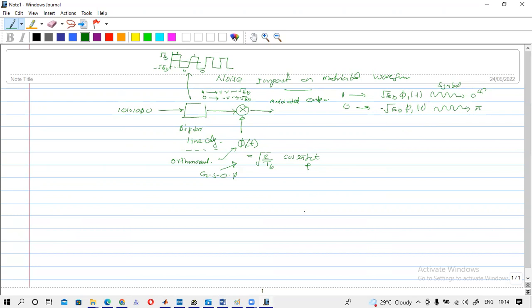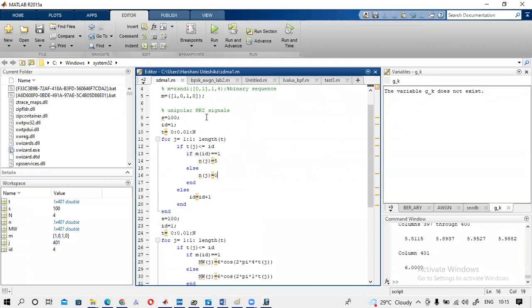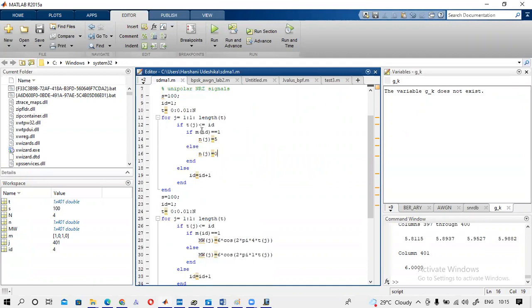Okay, already we have generated this. If you see our MATLAB code, here you have NR reset. But very simply, we can convert this to a bipolar signal.